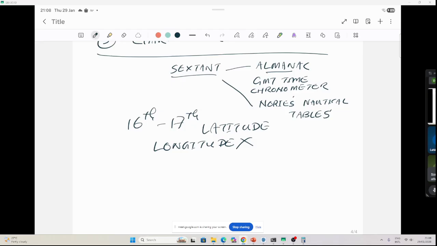Okay? If you want to become a navigator, you should at least learn about the history. So his name was John Harrison, and he found the chronometer. But unfortunately, the prize was not given to him because he was not a noble lord.